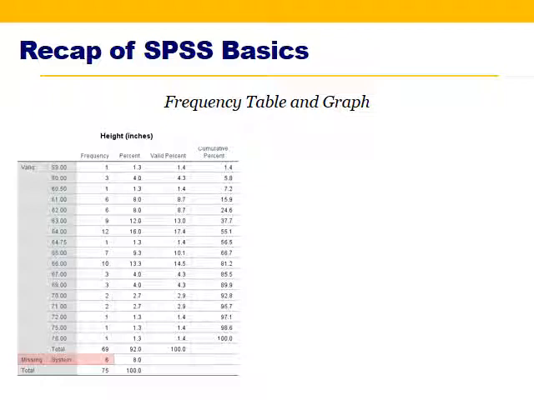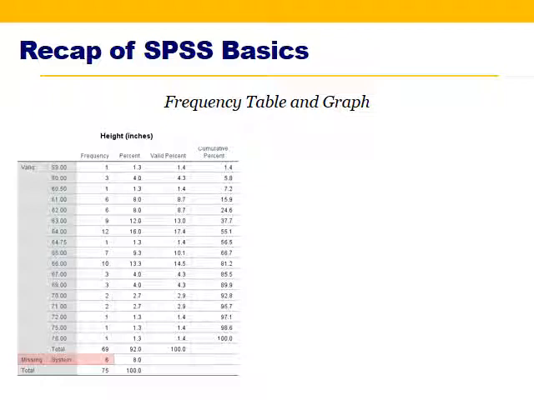So if we look at the bottom of the table, we know that there are 75 total people in the class, but there are 6 people missing. In other words, only 69 out of those 75 people answered the question about height. There are 6 people whose heights we don't know. For that reason, when we're calculating a percentage, we would use the column that says valid percent.